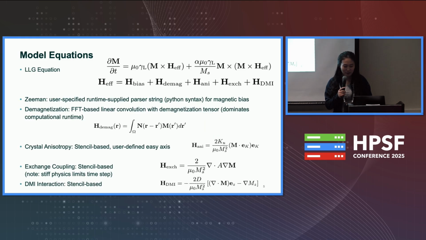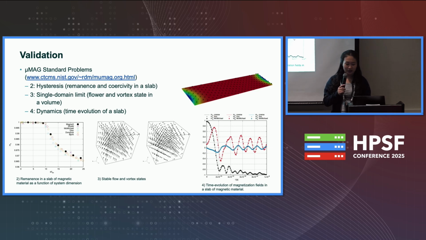All right, so I'll skip this because I talked about it. Then let's come to the validation. So we have our equation defined, and we have our model set up. Now I would like to give you some validation against standard problems that people use in this community.